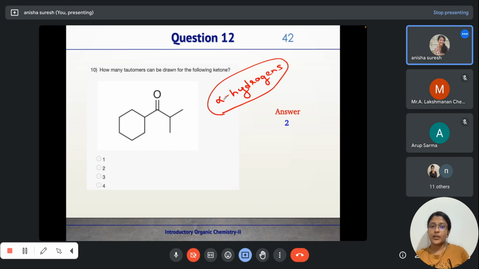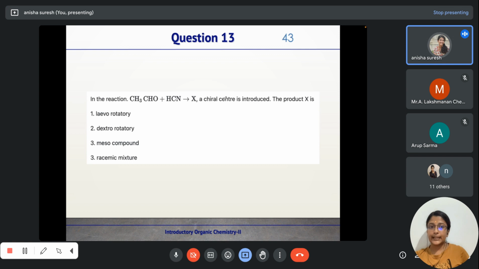Now coming to question number 13. In the reaction, CH3CHO plus HCN gives X. A chiral center is introduced. So here we are adding CN minus. So this can be called prochiral.